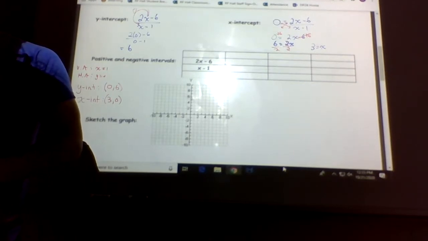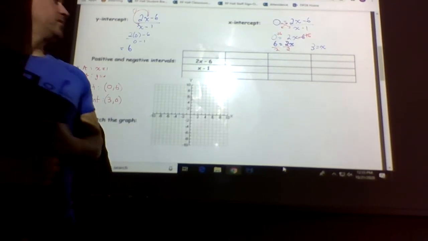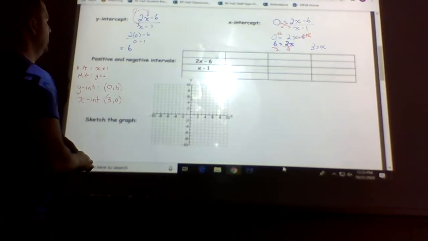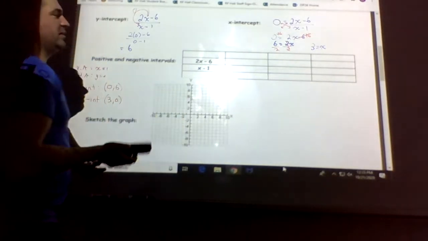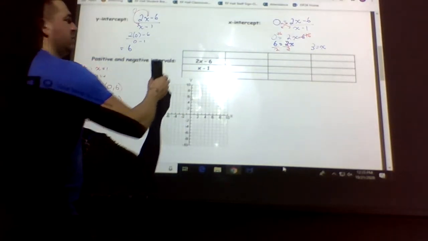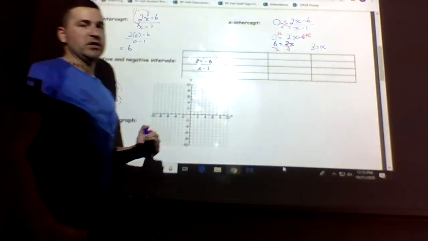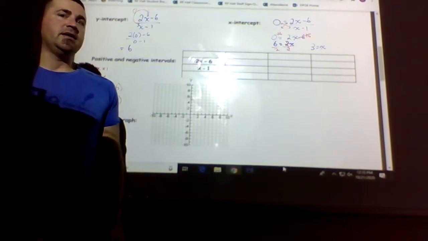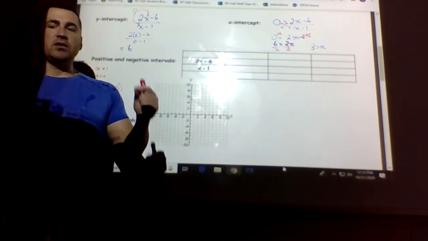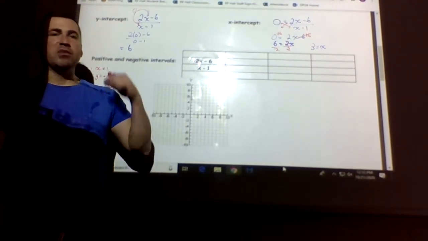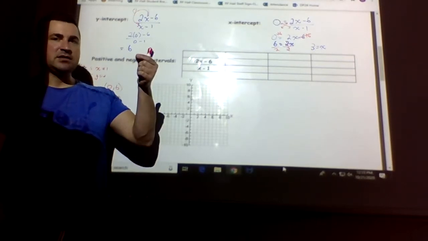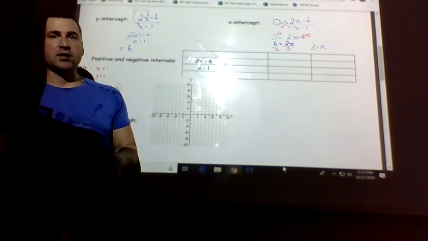Okay, now the more tricky, not even that tricky, part: we have to make this chart here. This chart is going to give us our positive and negative intervals. It's going to tell us where the graph is positive, above the x-axis, or where it's below the x-axis.